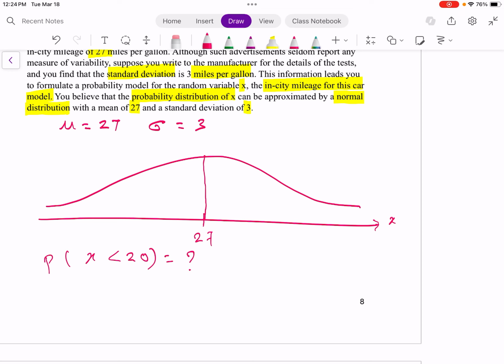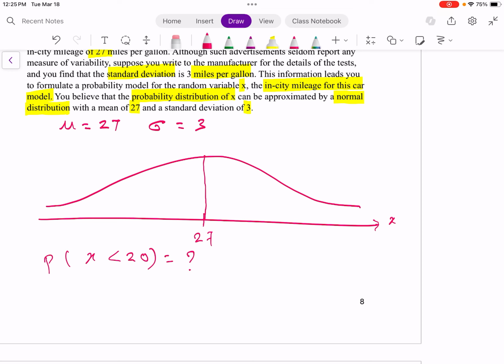You draw a vertical line at 20. I'm not checking the final answer now. So you set the area. Which one is the area we are interested in? X less than 20. So where's your 20? This way. I want you to shade that, this color.